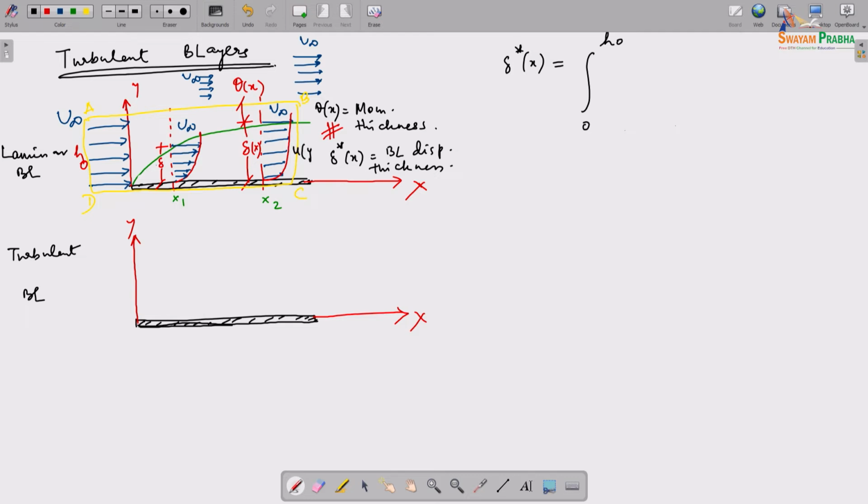So this component which is in the x direction, that is going to be u by u infinity into 1 minus, okay, I made a mistake, sorry.